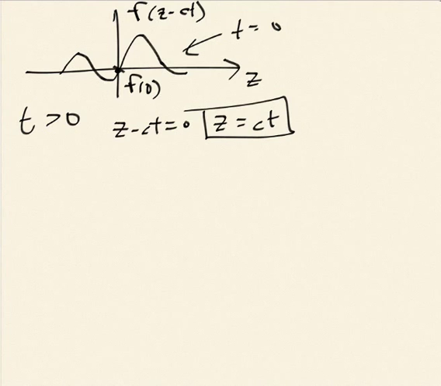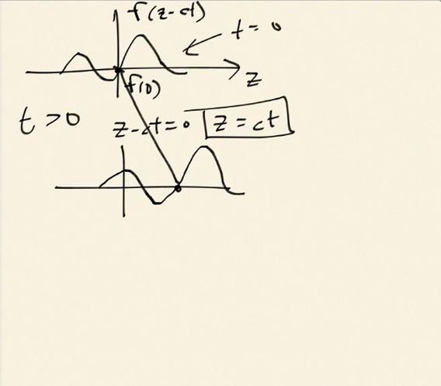So the point where the argument of the function is 0 will move in z. If I look later in time, the pattern will have moved like this, and here's the new location where that function used to be. So this just represents some pattern moving to the right in this case at the speed of light.